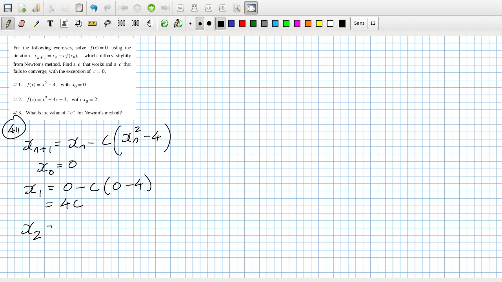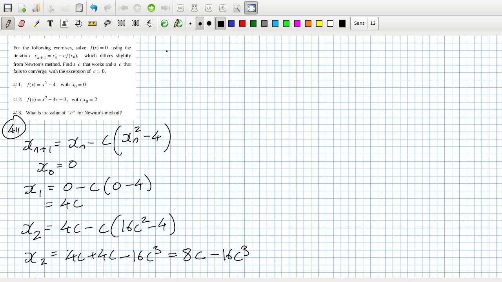Then x2 would equal 4c minus c times 16c squared minus 4, which is 8c minus 16c cubed, or 8c times 1 minus 2c squared.